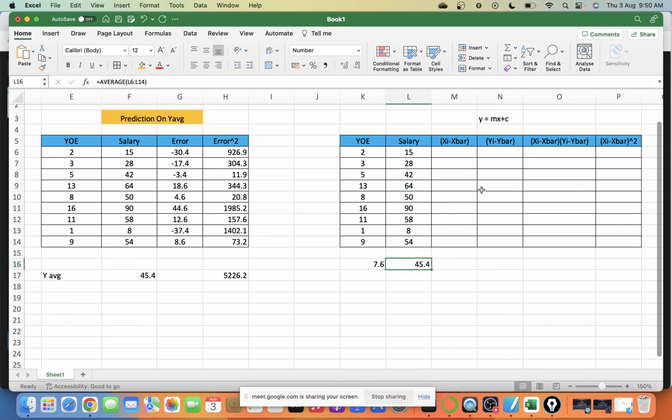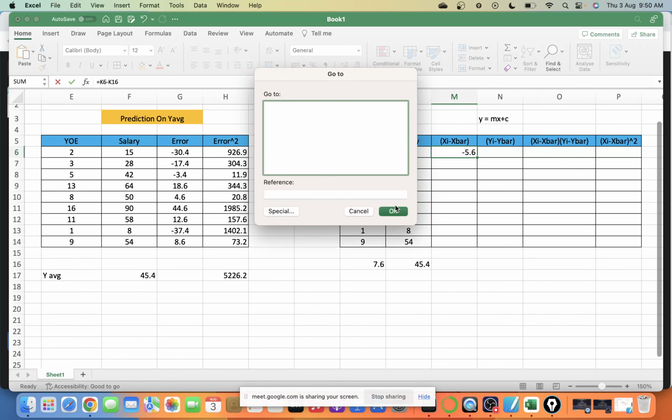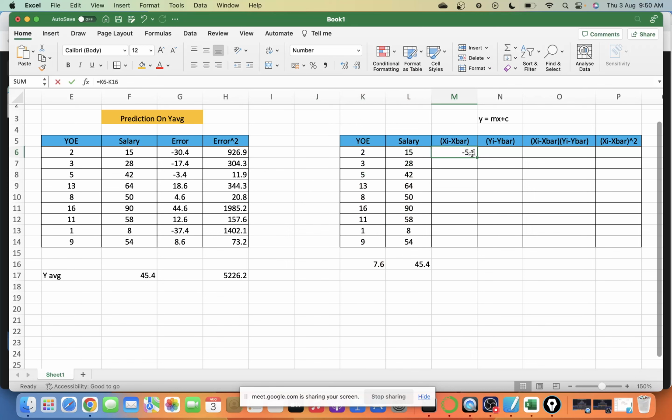Okay, now what we'll do? We will take xi, this is x, and we'll minus the x bar. Remember, and we'll make it fixed with Control F4. Okay, now it's done.